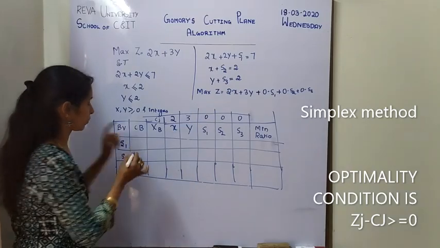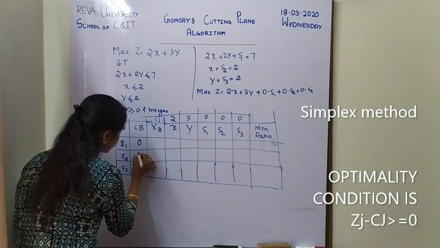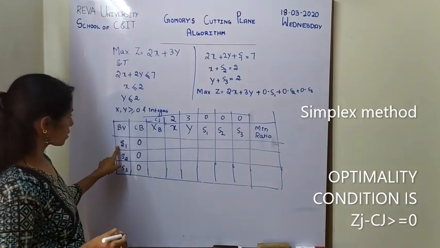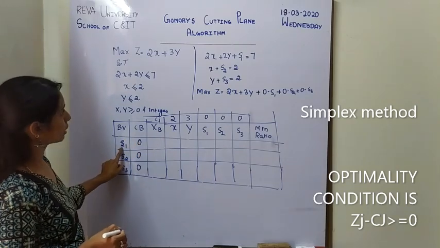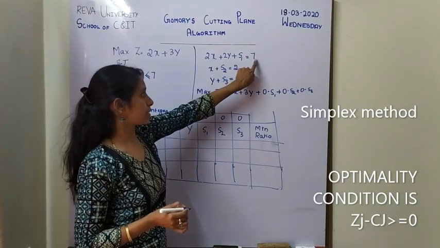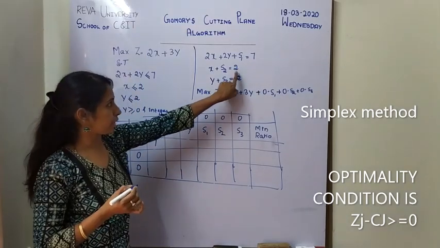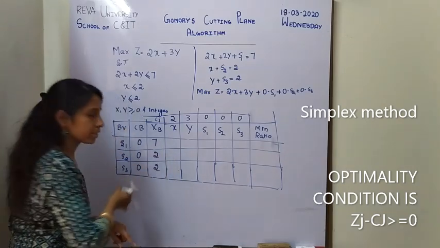The S1 coefficient is 0, S2 coefficient is 0, S3 coefficient is 0. XB indicates the RHS. What is the RHS of the first equation? 7. The RHS of the second equation is 2 and the RHS of the third equation is 2.